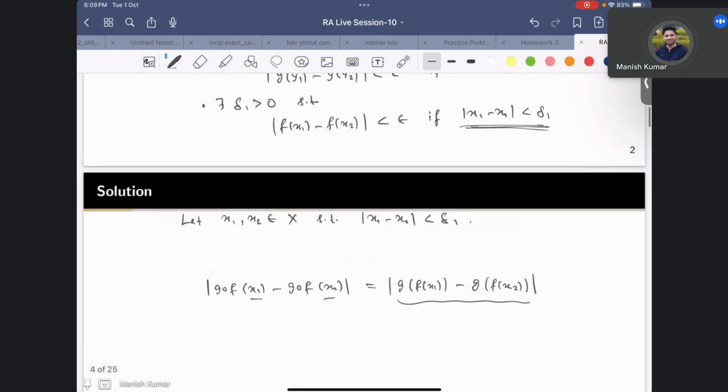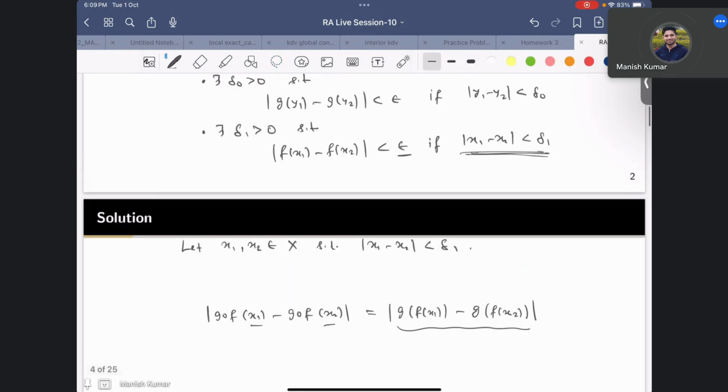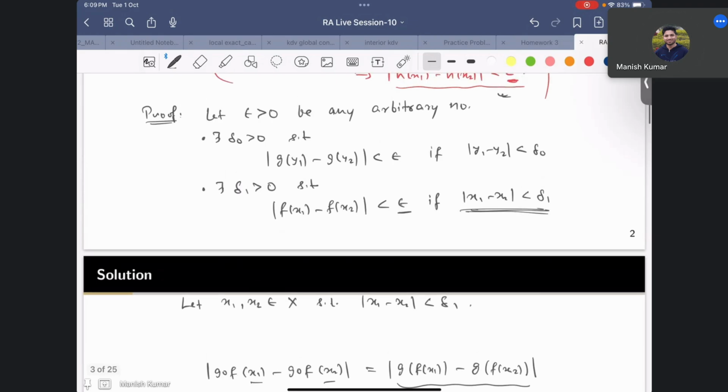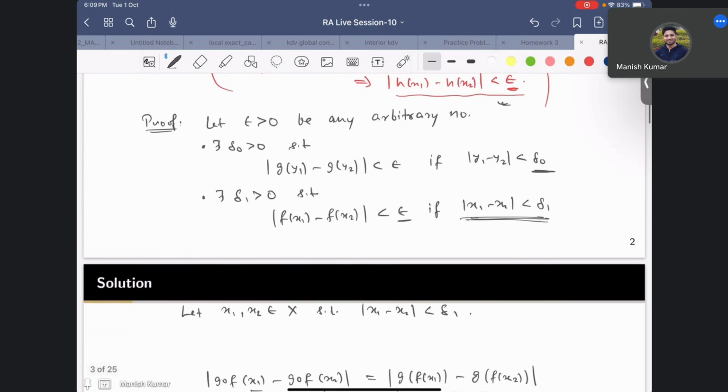Now the moment I have chosen this, what I can say is, this epsilon I can choose whatever I want, right? So let me say here that I will choose this epsilon over here to be equal to delta 0. Maybe I should write here properly.